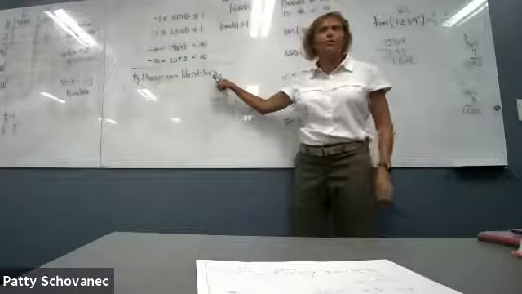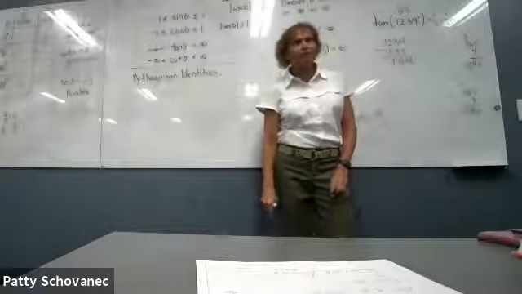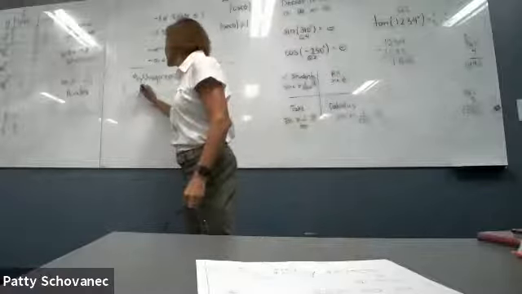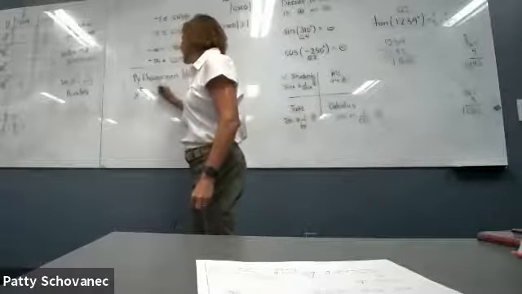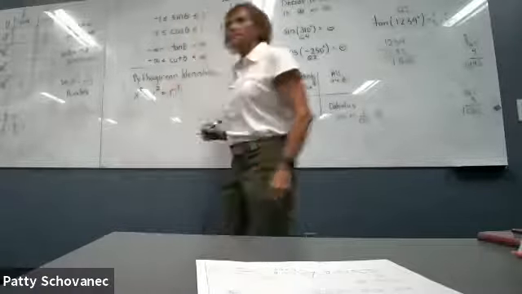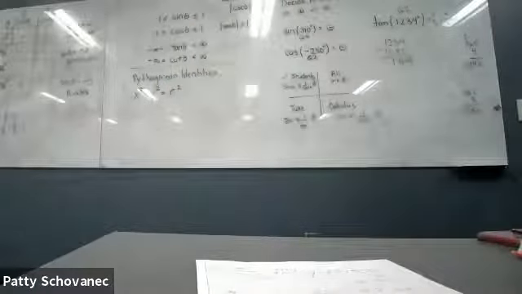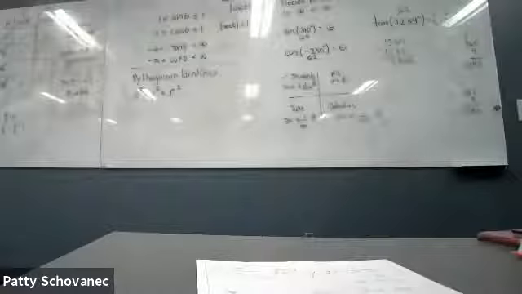I'm going to show you 3 more versions of the Pythagorean identity. 3 more than this. In any equation, I can divide both sides of the equation by any non-zero number. So I'm going to divide both sides of this equation by r squared.